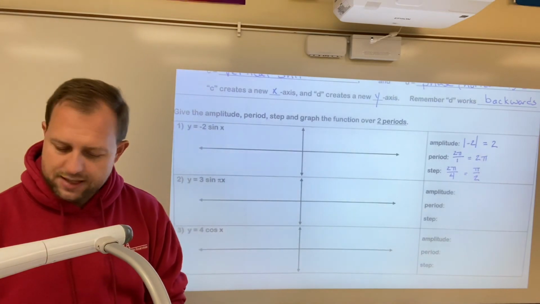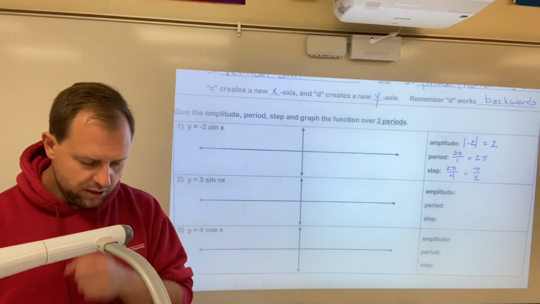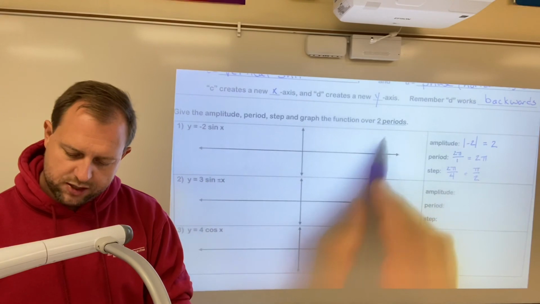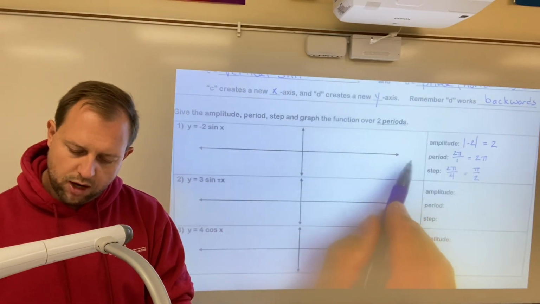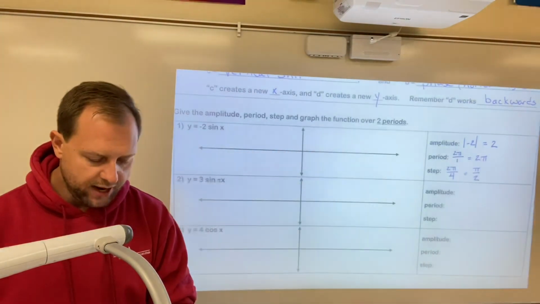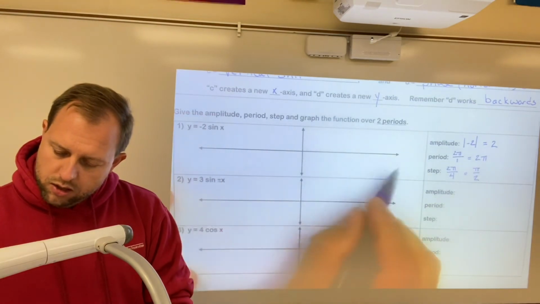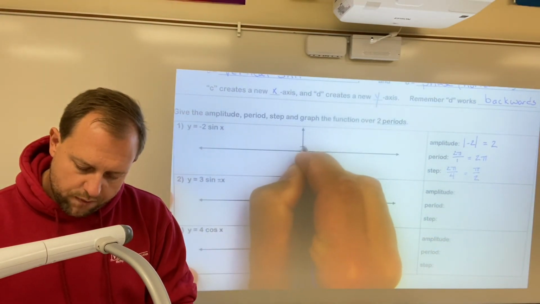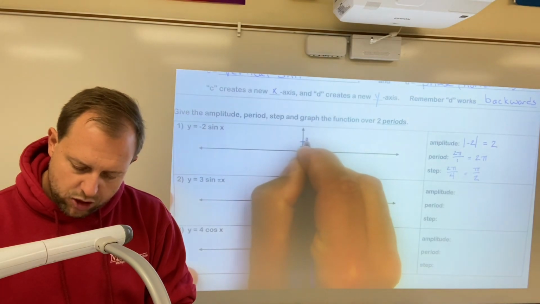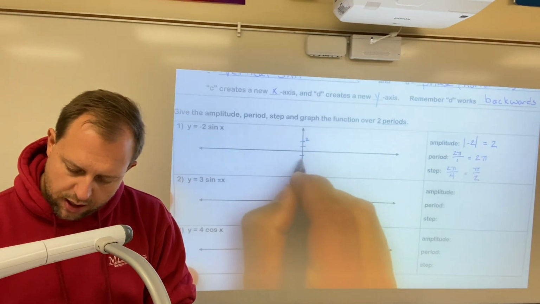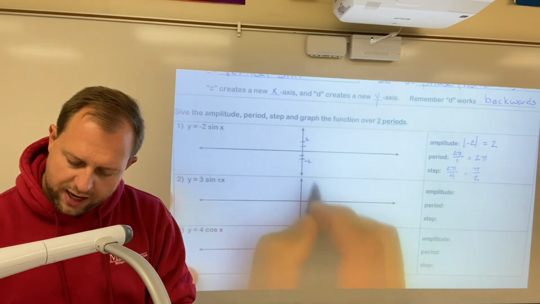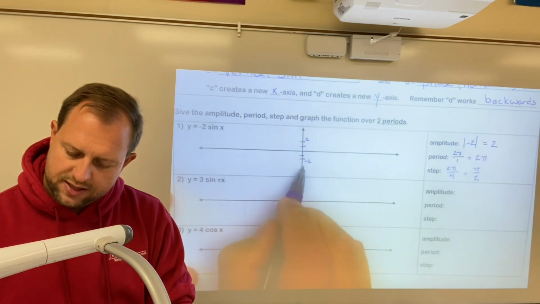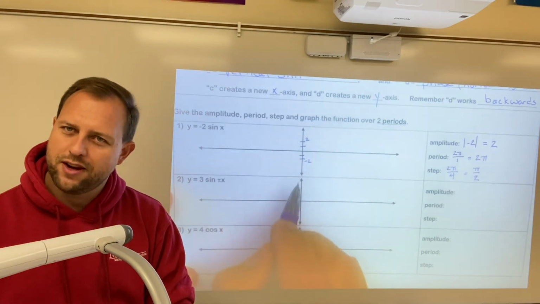Now we have the pieces we need to graph. We're doing it over 2 periods, so we want one on the positive x and one on the negative x. Our amplitude is 2, so our graph is going to go up to 2 and down to -2. I write my numbers a little off to the side so they're out of the way when the graph comes through.